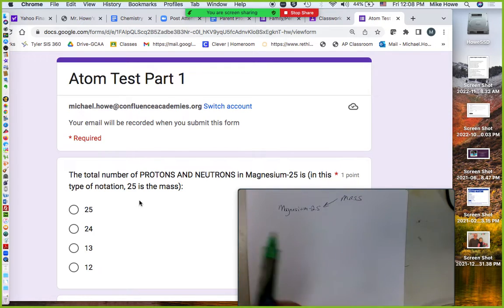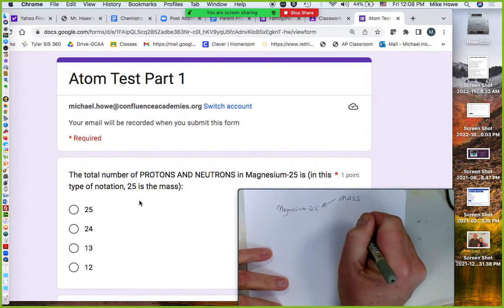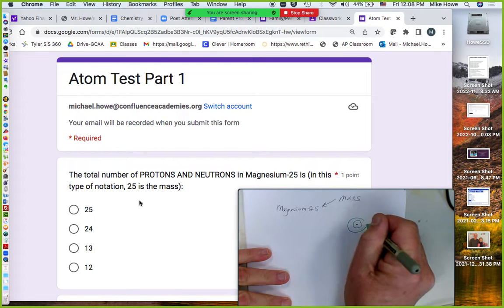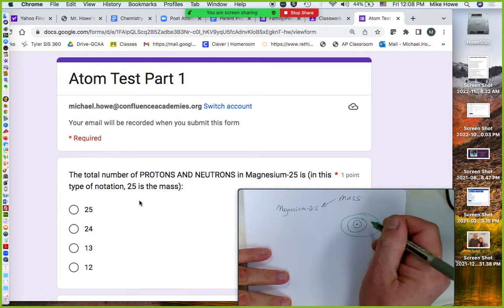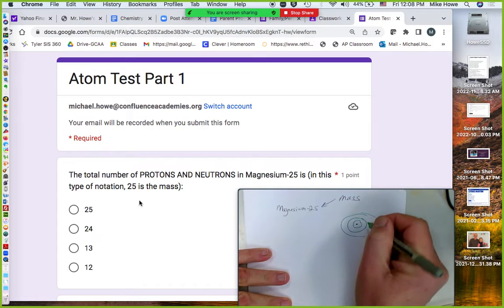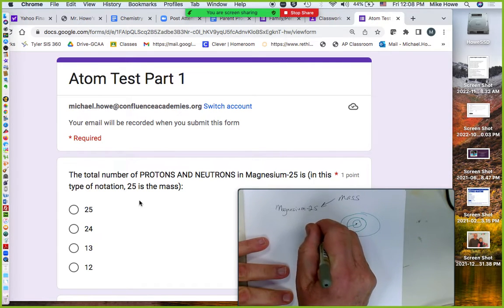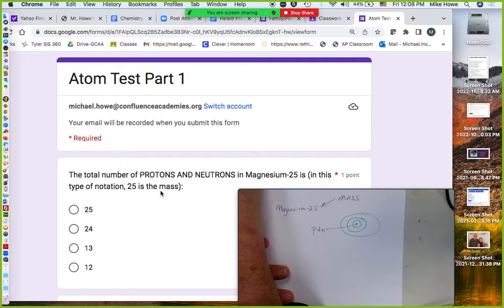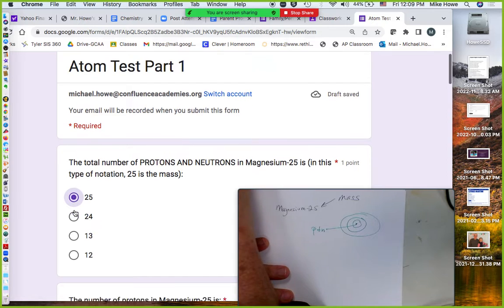So if we consider the atom, you got the atom with a nucleus here, and you got the energy levels around the nucleus. The electrons are in the outside, and the inside contains the protons and the neutrons. So the answer to this question, the number of protons and neutrons in magnesium-25, would be 25.